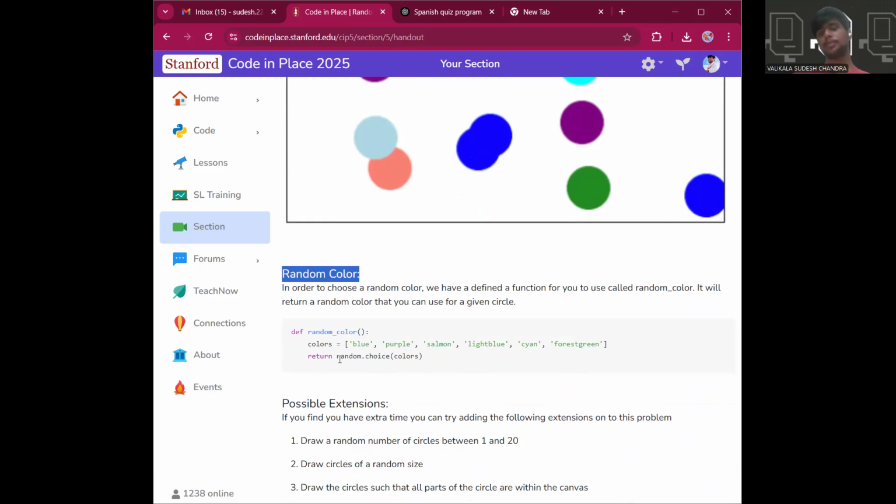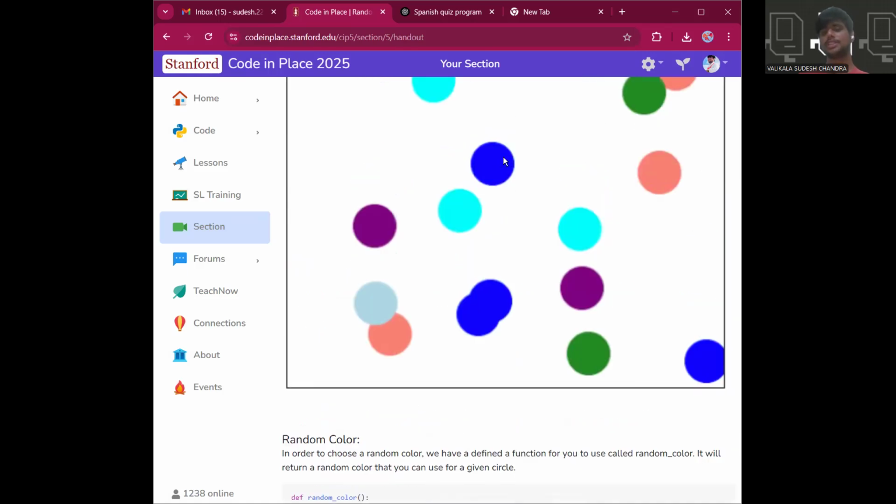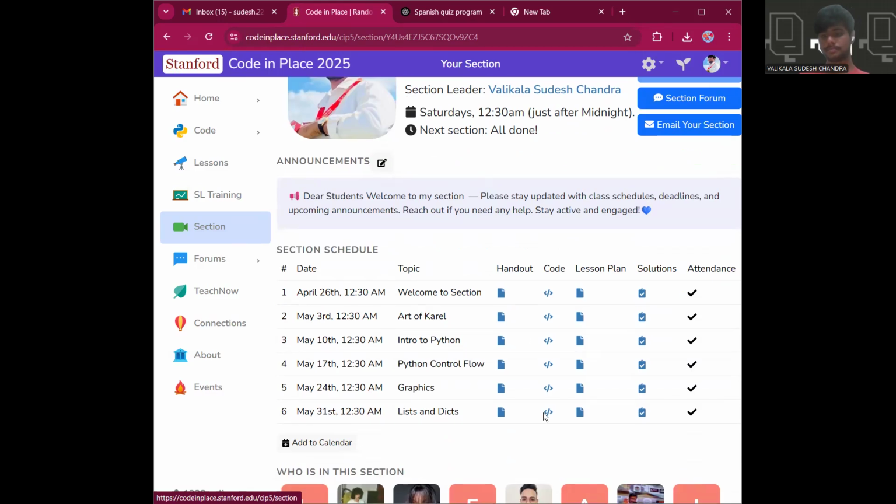With the help of random.choice, we can directly pick one of the random values inside this list. With the help of this list, we're going to draw the circles. Let's start writing the code.